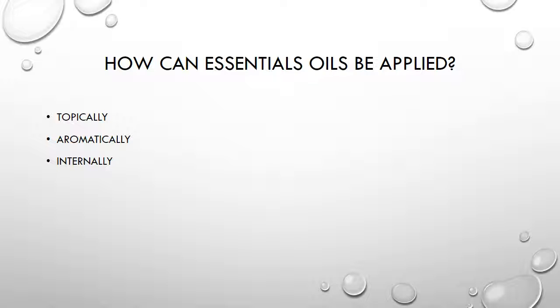At least for doTERRA, I can't speak for other manufacturers, but for doTERRA products, it will actually say on the bottle aromatic, topical use, or dietary use. In addition to that, you'll also see a supplement facts label, and underneath that label, it will have 1 way that you can take that essential oil internally.